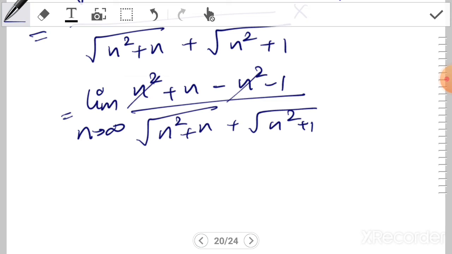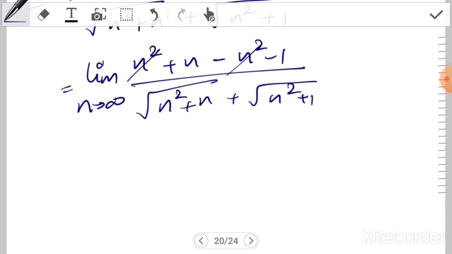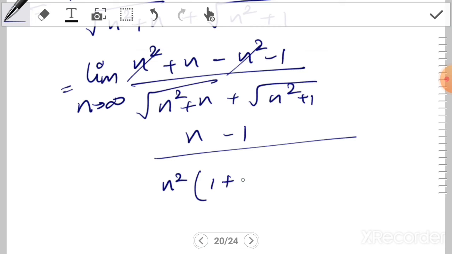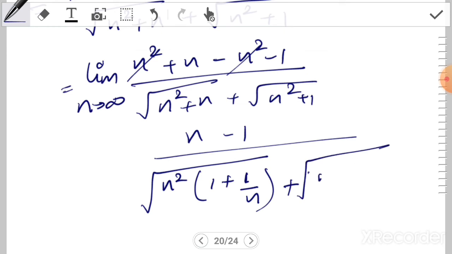Before putting the value of infinity, let us take n square as common. So 1 plus 1 by n under the root, and similarly n square into 1 plus 1 by n square.